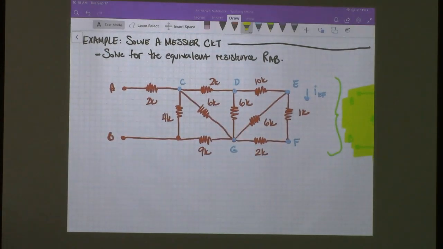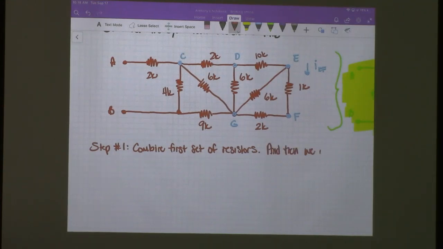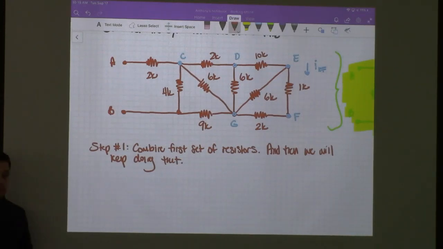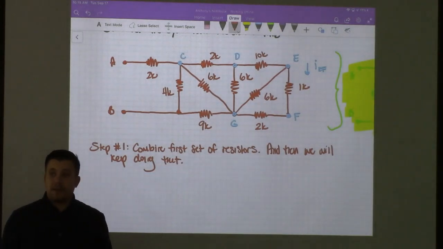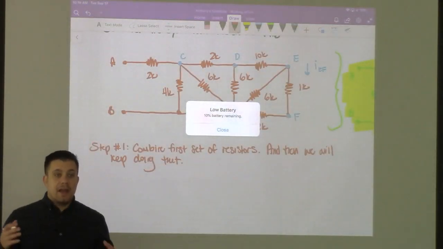And so this problem boils down to finding the next two resistors that we can combine together, combining them, hopefully not redrawing the circuit completely, and then doing it again.